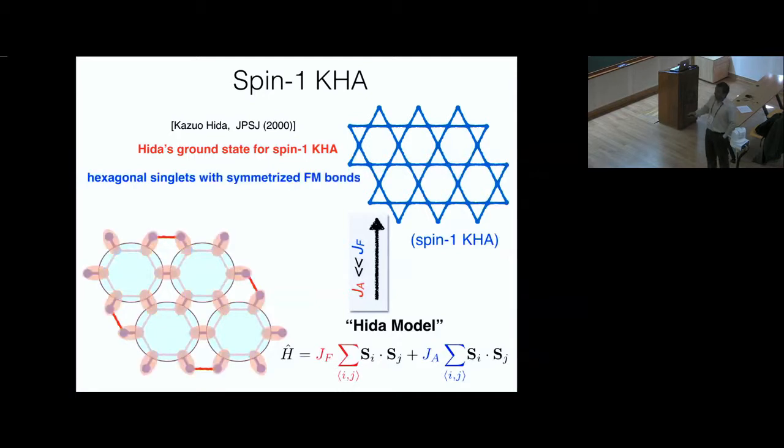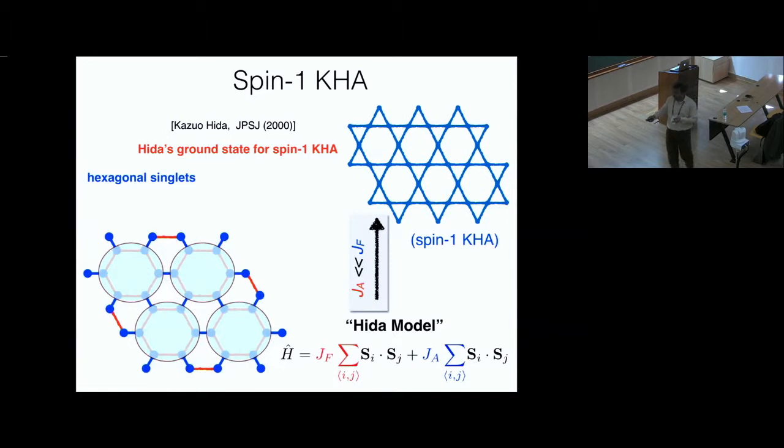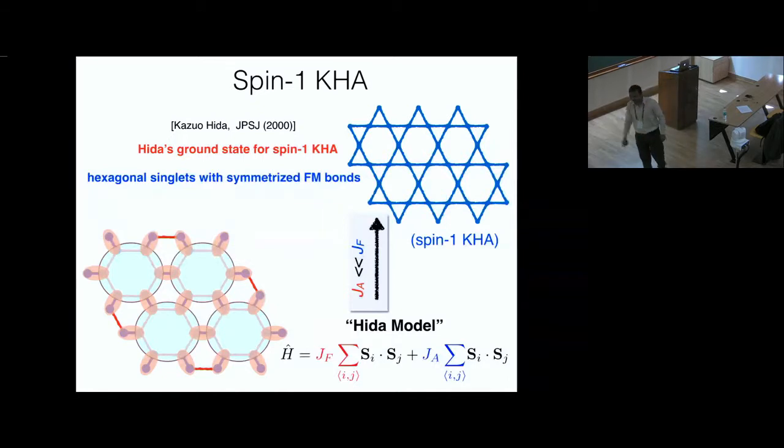But because the material has JF large, you would like to symmetrize these spin half pairs sitting on the ferromagnetic links. By symmetrization of a pair of spin halves, you are basically making it a spin-1.